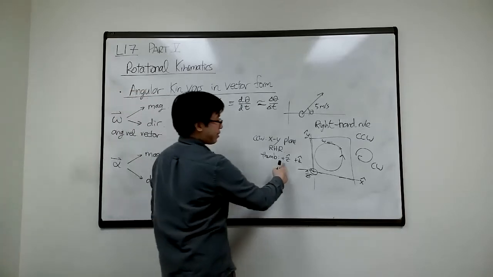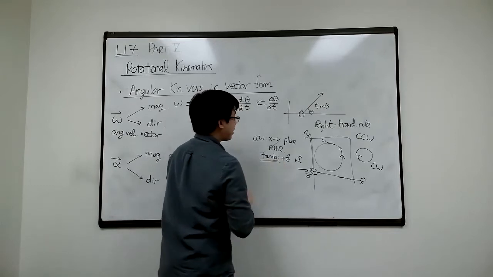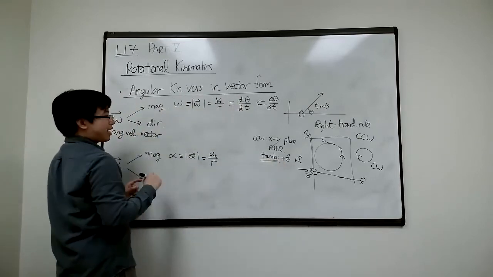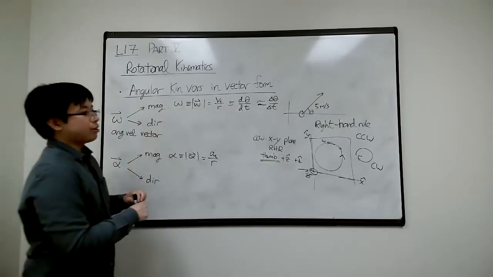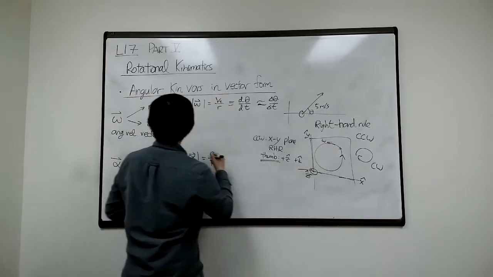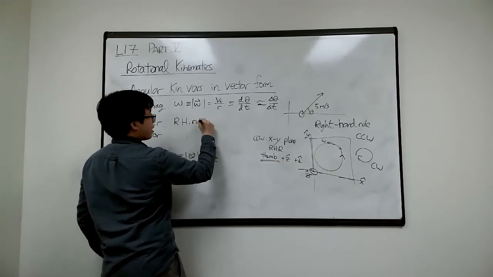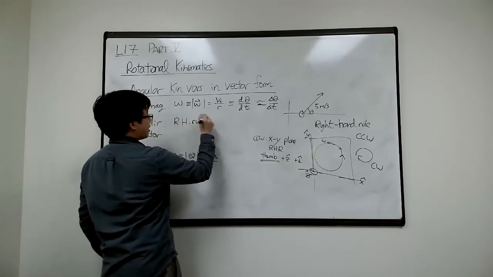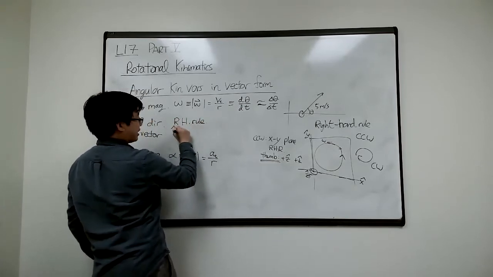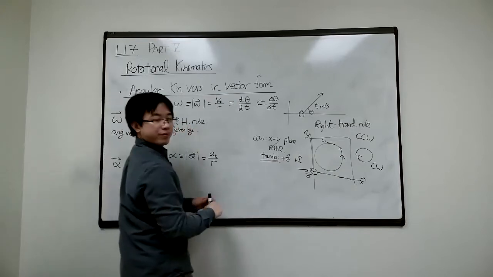And we define it with the direction of your thumb. All right, so I don't even know how to write it out, but I'll just call it the right hand rule. Okay, so the direction is given by the right hand rule, like this.